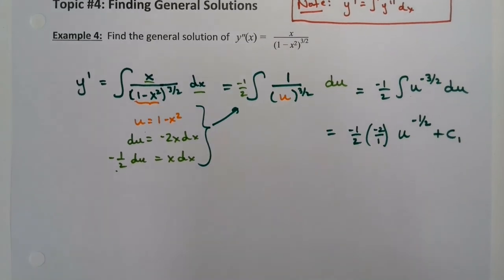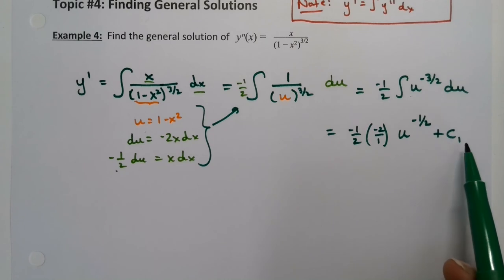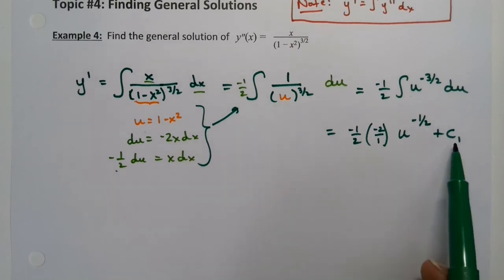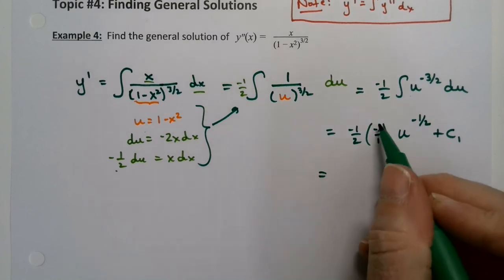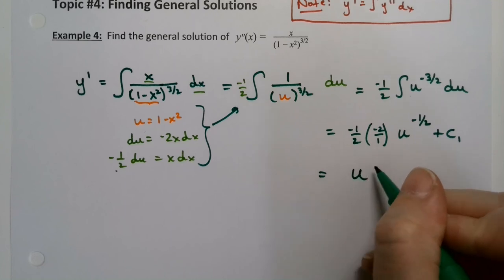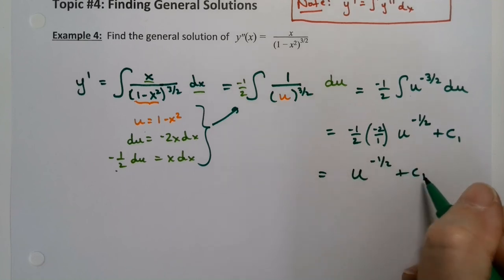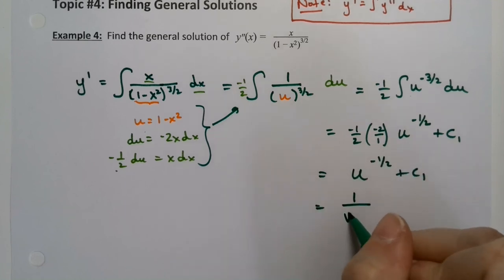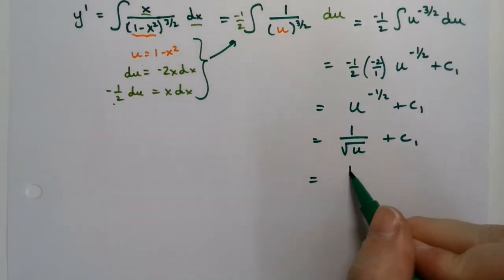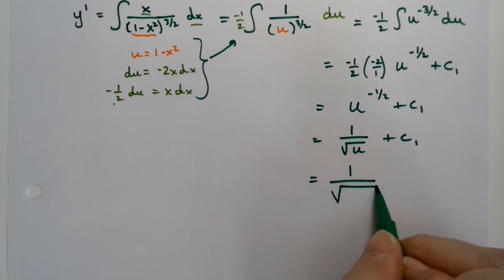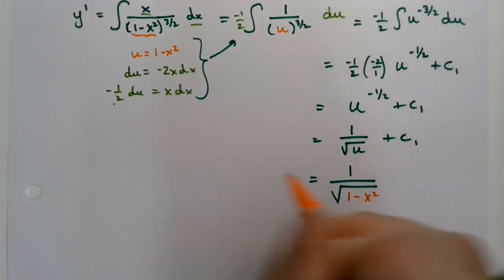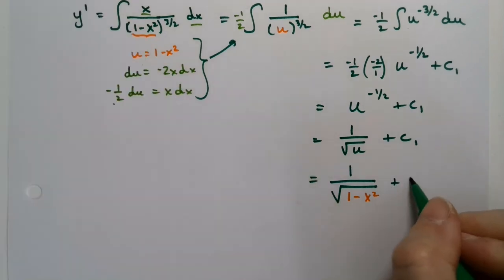I'll call it C1 because I'm going to have to do 2 integrals here. When we do just one integral, we call it C, but since I'm going to have to integrate again, I'll do C1. All right, so the negative 1/2 and the negative 2 go away, and it just leaves me u to the negative 1/2 plus C1, which is 1 over the square root of u plus C1. And u was 1 minus x squared, so 1 over the square root of (1 minus x squared) plus C1.